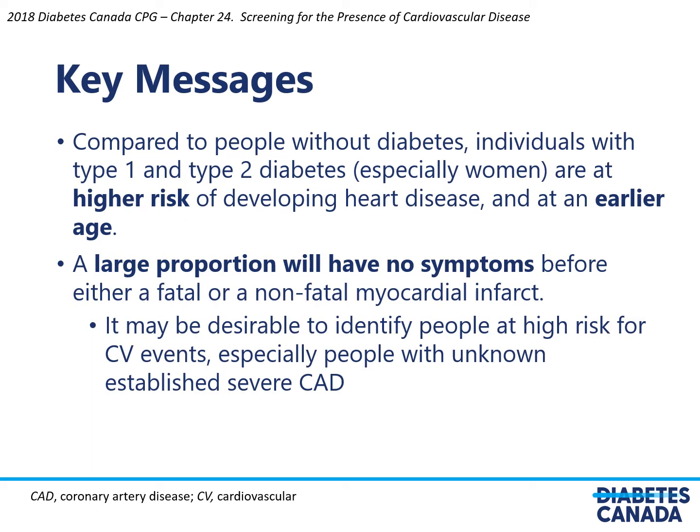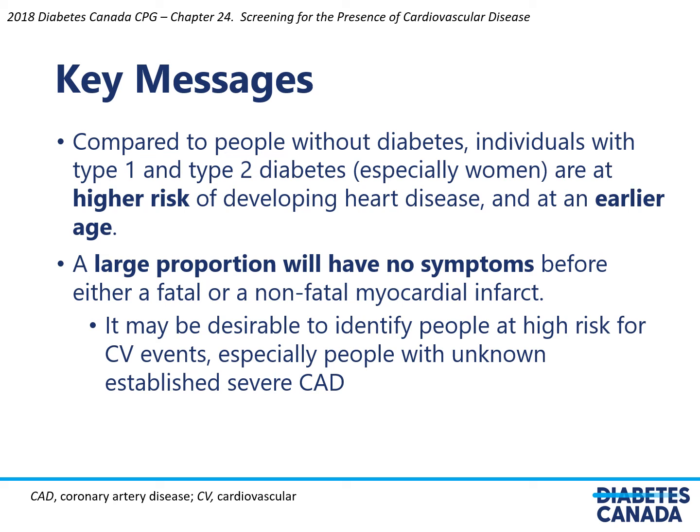Key messages from this chapter include: compared to people without diabetes, individuals with type 1 and type 2 diabetes, especially women, are at higher risk of developing heart disease and at an earlier age. A large proportion will have no symptoms before either a fatal or non-fatal myocardial infarction.